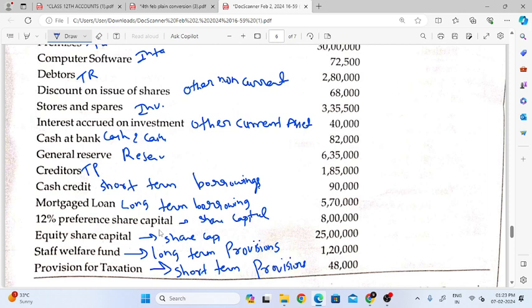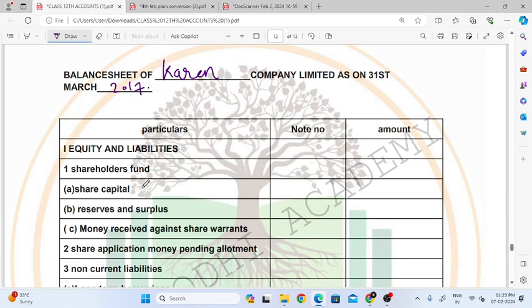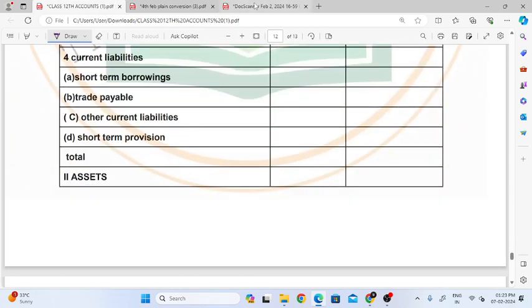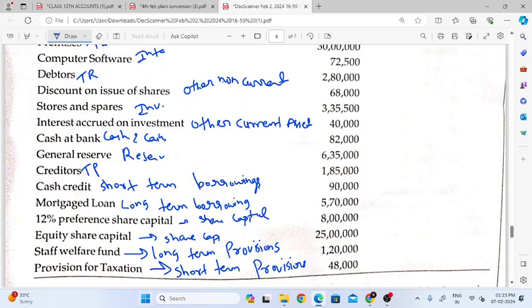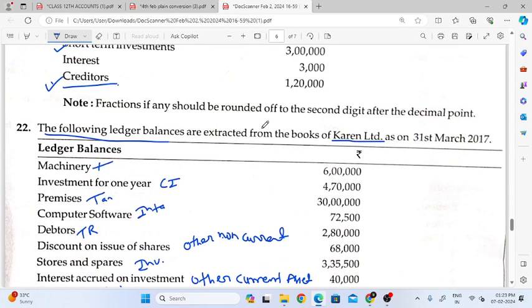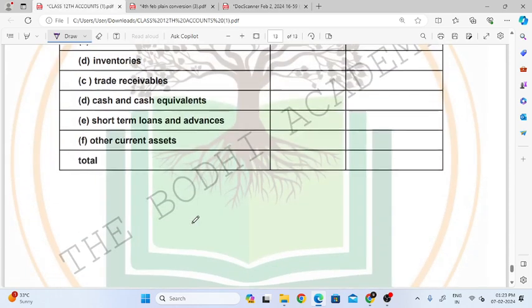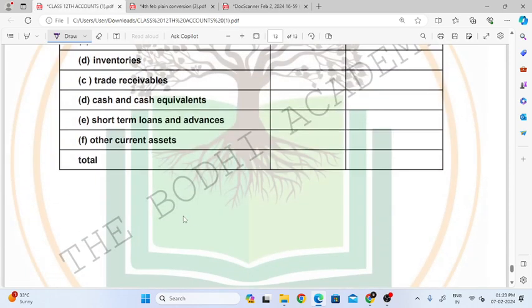Okay, so now we have classified and we have to find out whether there are any working notes or not. So a working note is there for our tangible asset, machinery and premises. So I'll prepare the working note first. Working note number 1, tangible asset.